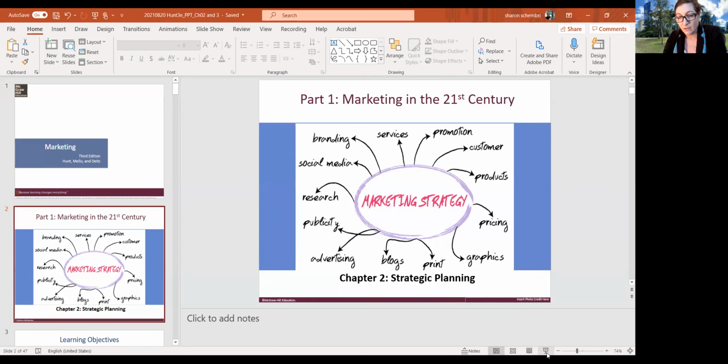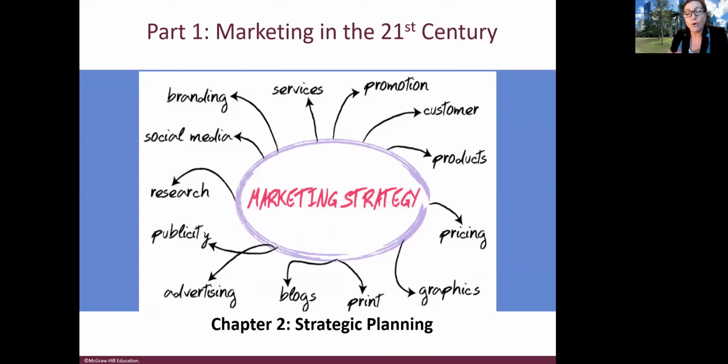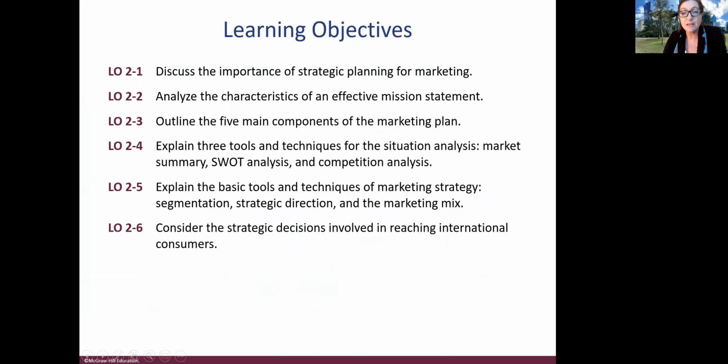So, marketing strategy is all of these things and more, but the essence of the story is that one strategy directs the decision-making on all of these marketing elements and tactics. So in this chapter, we discuss the importance of strategic planning for marketing. We analyze the characteristics of an effective mission statement.